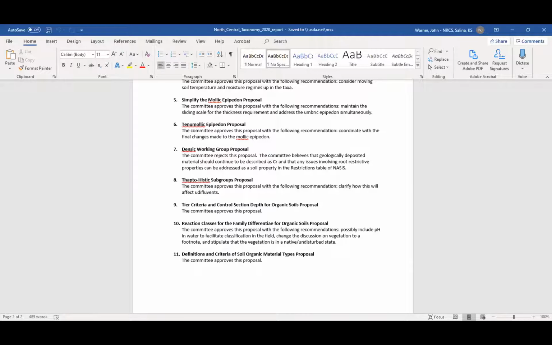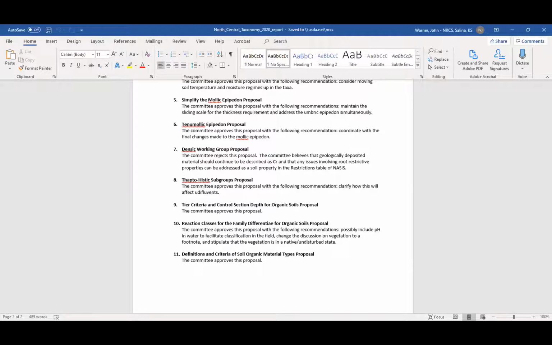I don't think we're going to get away from having issues in different parts of the country, even the region, but something's going to have to happen, and there will be a workload. And we do want to think about the workload. People always say, don't think about the workload involved in taxonomy. And like I've said before this week, those are the folks that don't have to do it. So we agree that this needs to be moved forward, and maybe some revision on the sliding scale and the thickness.